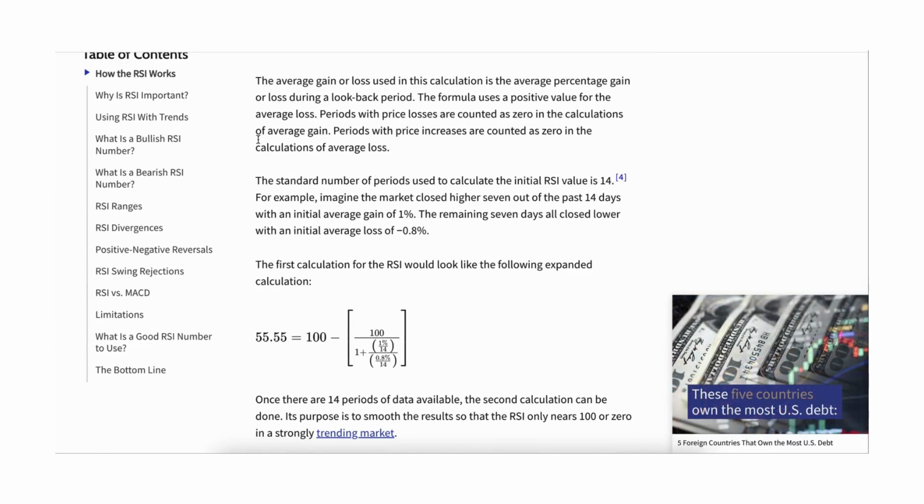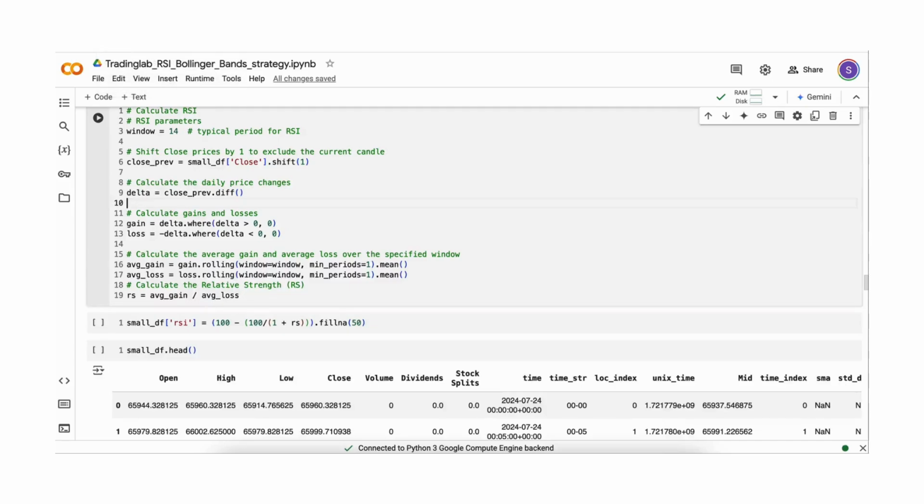So now to do this in pandas, we have to calculate the average gain and the loss. The average gain here is simply, again on a rolling basis, the rolling mean of the gains. And the gain is where the delta is larger than 0.